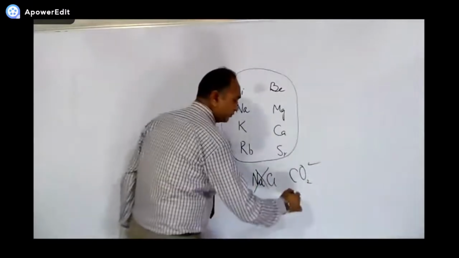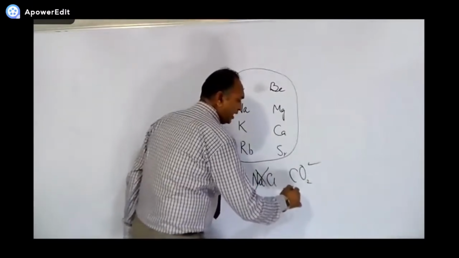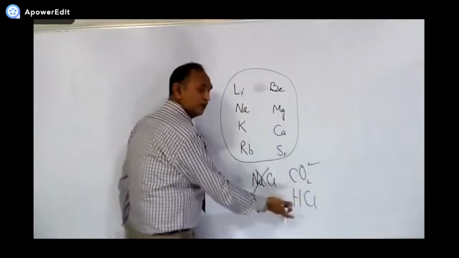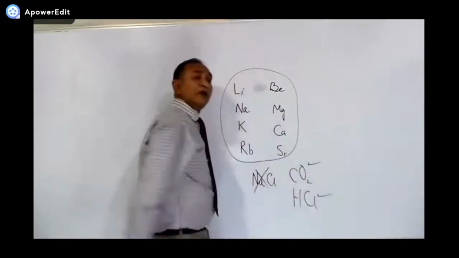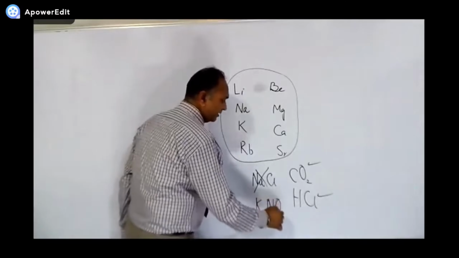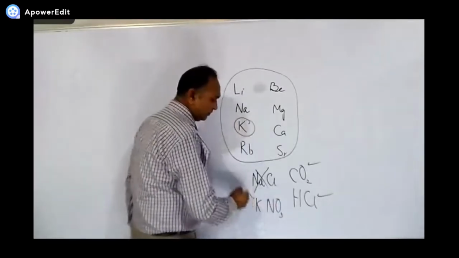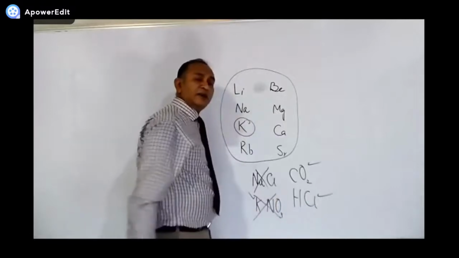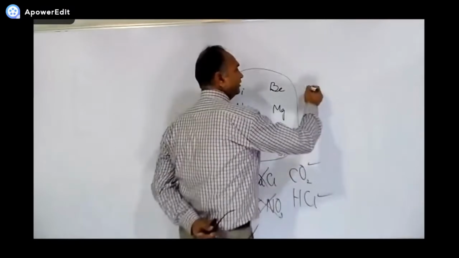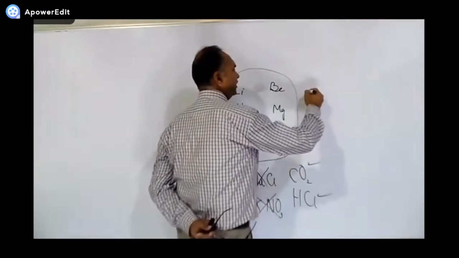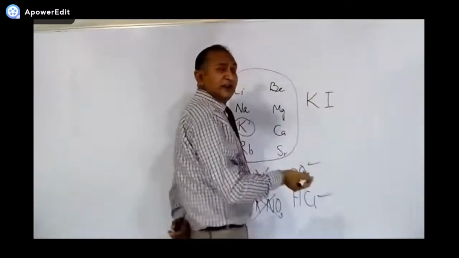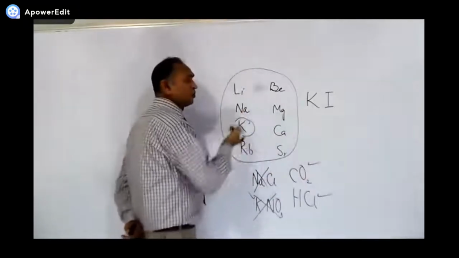See another one. HCl. Can you find any of these elements over here? No. It means it's a molecular compound. Can you find an element here? Yes, potassium. So it's not a molecular compound. Similarly, if you see potassium iodide, it's very clear that potassium belongs to these two groups.